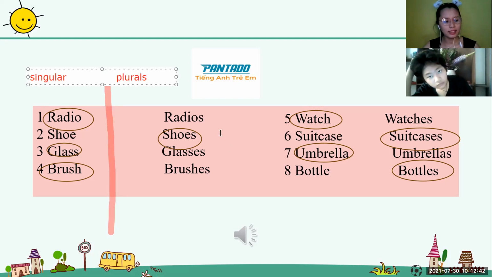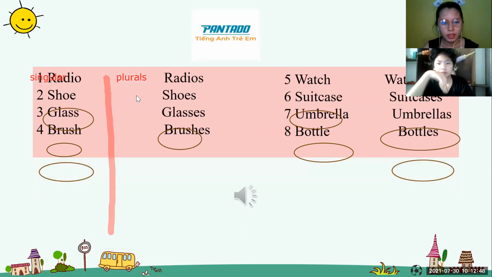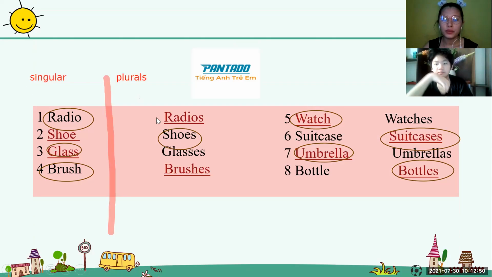That's why there is an S. So for number 1, that is radios. For number 2, that is shoe. Number 3, that is glass. Number 4, that is brushes. It means many. 5 is watch.